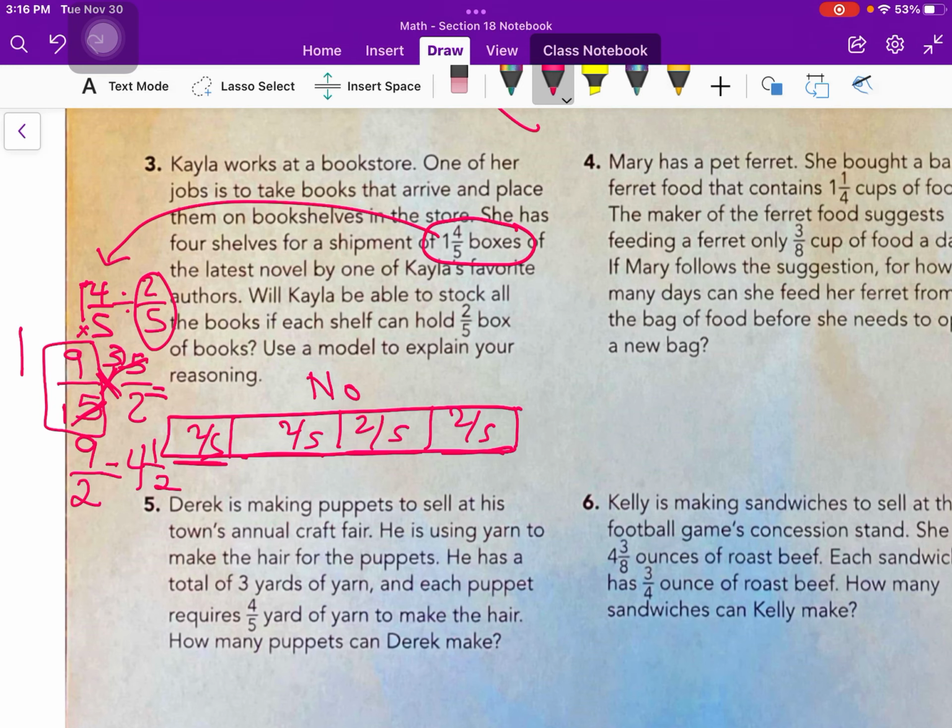And we ended up, 5 goes into 5 once, 5 goes into 5 once. And then we multiply what's left, and we get 9/2, which changed to a mixed number becomes 4.5. So the question is, can all of these shelves hold the boxes? No, she would need 4.5 shelves, not just 4 like she has.